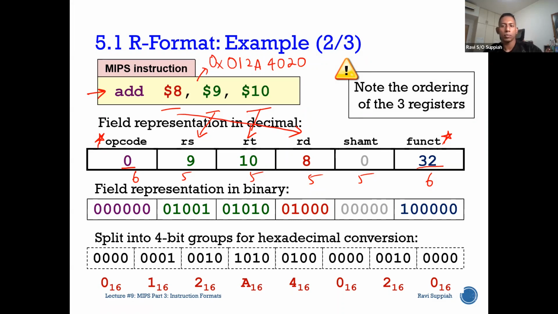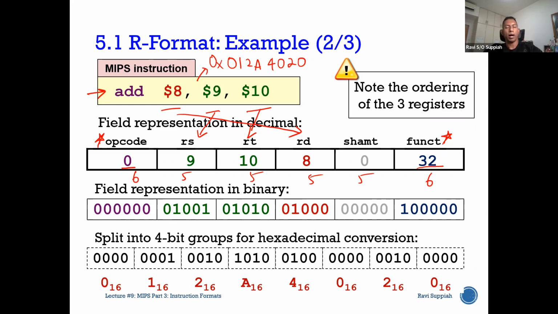Basically what we have seen in this first instruction type is that every instruction in MIPS will get translated into a 32-bit instruction. These 32 bits are pre-allocated to hold different sets of information in different bit locations.